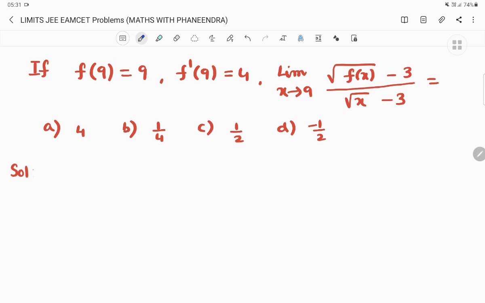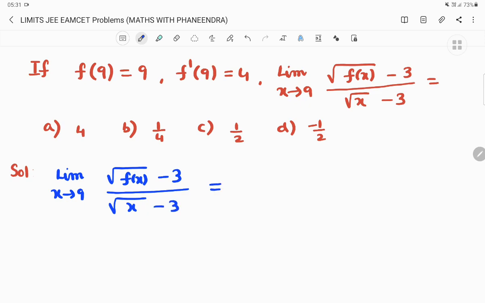First consider the given limit. Limit x extends to 9, root f of x minus 3 divided by root x minus 3. If we substitute x is equal to 9, root f of 9 minus 3 by root 9 minus 3. So ultimately we are going to get 0 by 0 form.